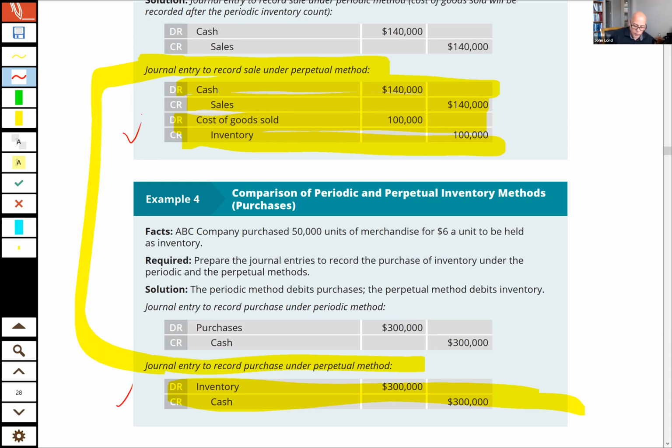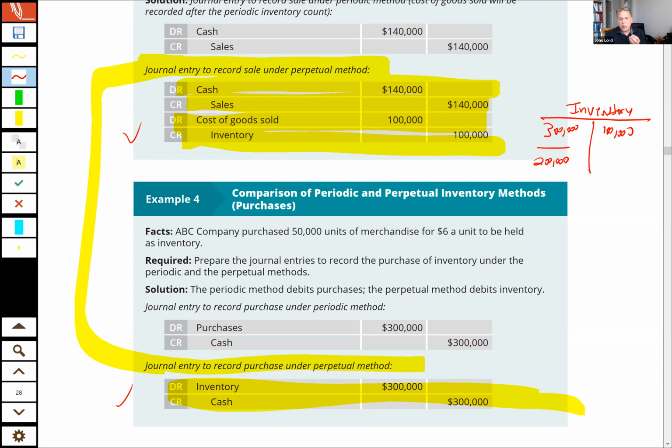Okay. Then what? Well, I'm just going to tee up inventory, and I'm just going to see that the balance in the inventory after that first sale is 200,000, right? So that's the advantage, if you will, of the perpetual method.